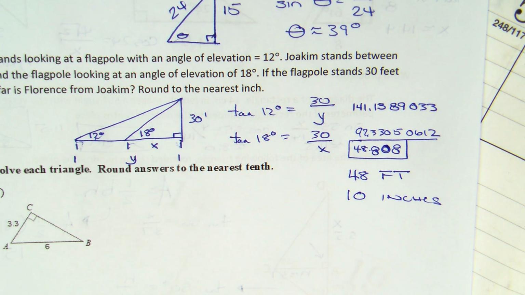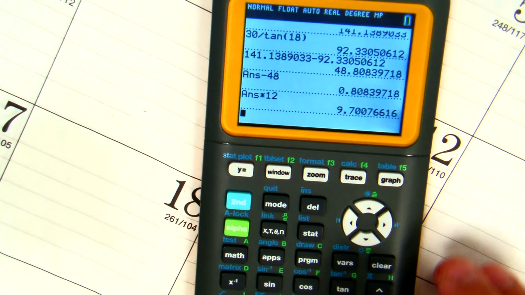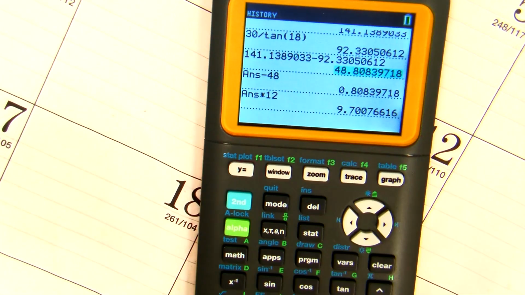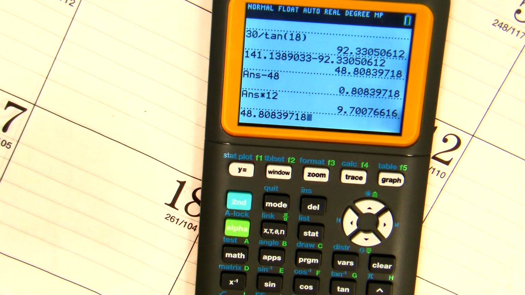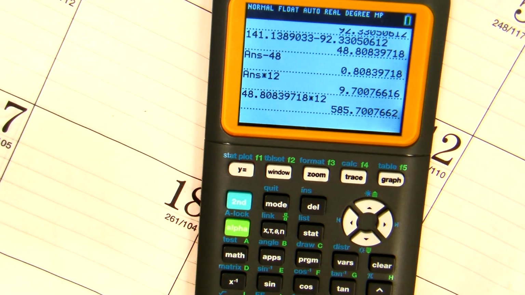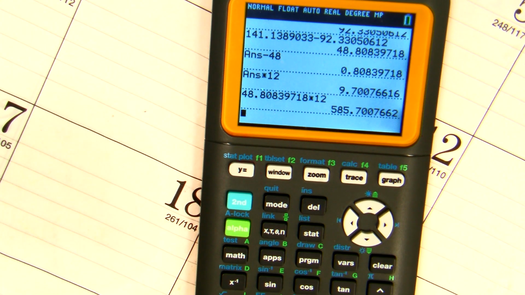So in other words, what I don't want people to do is take that number and just multiply by 12 and give me 500. I would rather you just left it in feet inches. So that gives you 586 inches. If you then want to convert that into feet inches, you can. That's easy.